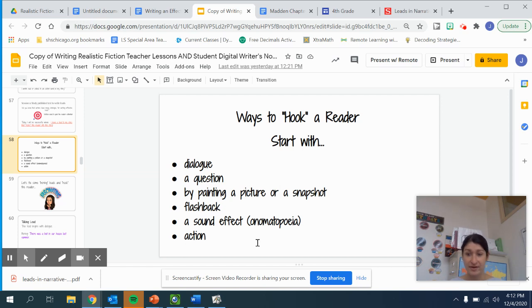As I read this, what came to mind? I want you to pause the video and think about which kind of strategies this author used to hook you into the story. Did you think about, did the author use dialogue? Yes. I'll race you to the corner, Ellen.